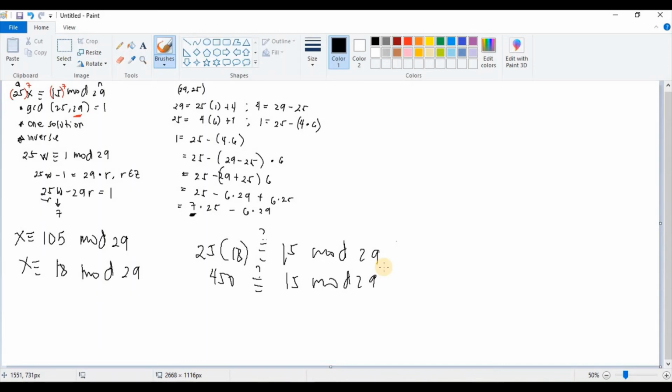So the remainder is 15. Therefore, our solution is correct: x is congruent to 18 mod 29.